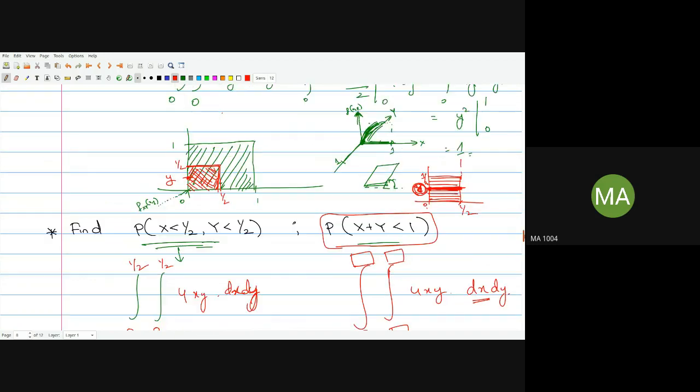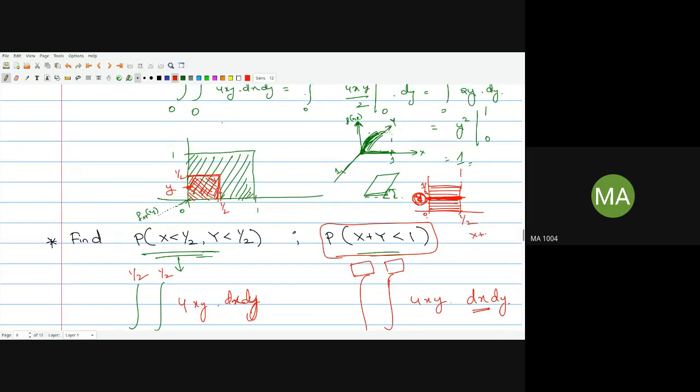So the first and foremost step is to remove the inequality and keep it as x plus y equals 1. So how will the line x plus y equals 1 be? This is how it will be. Now I need x plus y to be less than 1. This line x plus y equals 1 divides the xy plane into two regions.